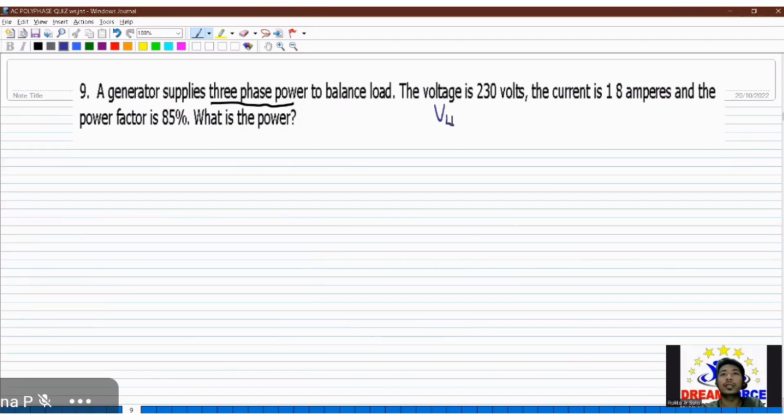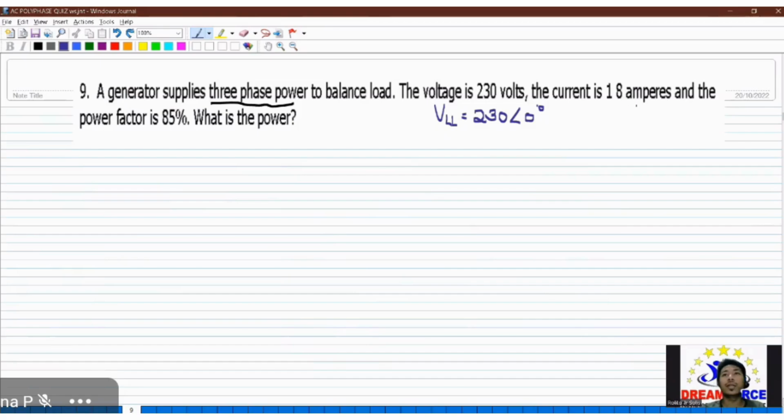So voltage line to line is 230, angle 0. Kung wala ding binanggit kung anong type ng sequence, positive sequence. Kung walang binanggit kung nasaang phase yung binigay na value, nasa phase A. Meaning, yung V line to line na 230, nasa VAB yan. Mga ganong analysis.